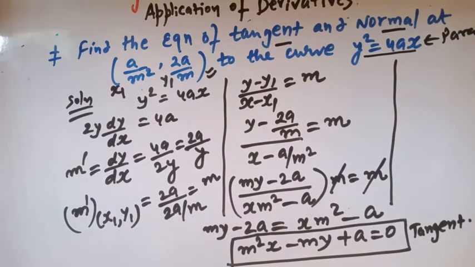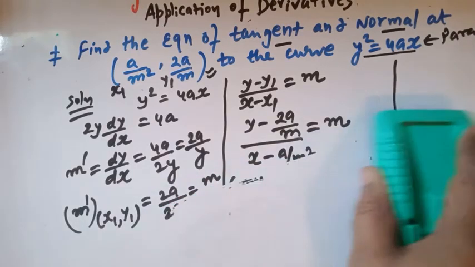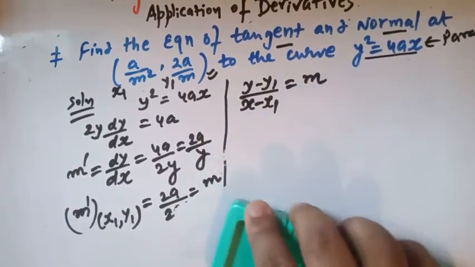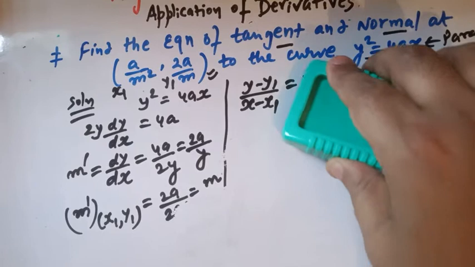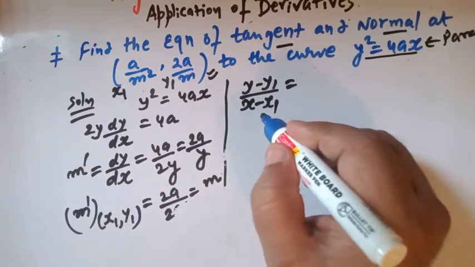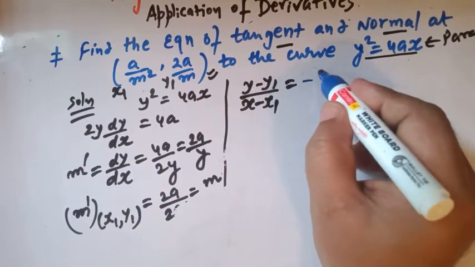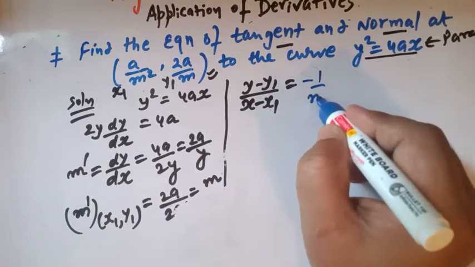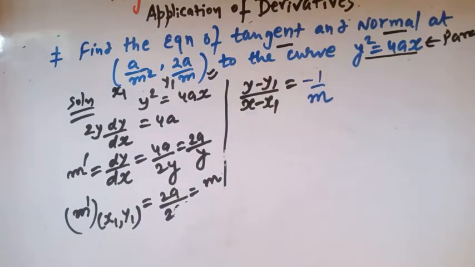Now let us find the equation of normal. Clear? So I'll rub it, and here we have this. So the equation of normal will be given by (y minus y1) over (x minus x1) equal to the negative of the reciprocal of the slope of the tangent.